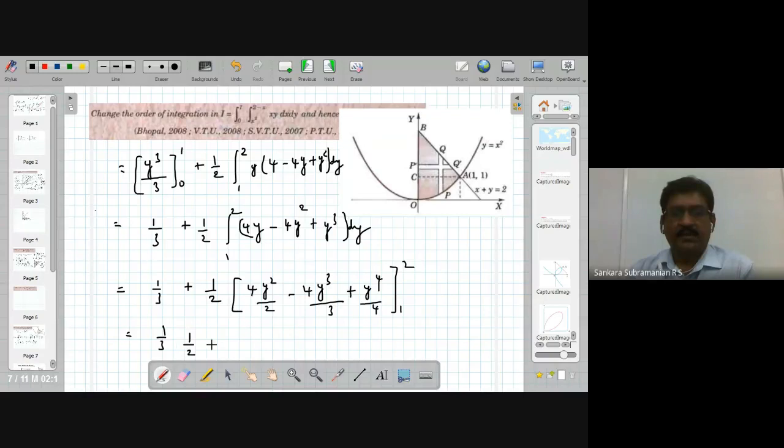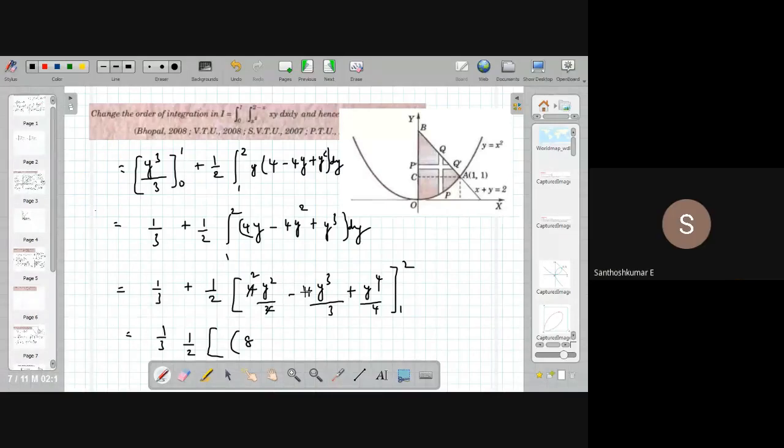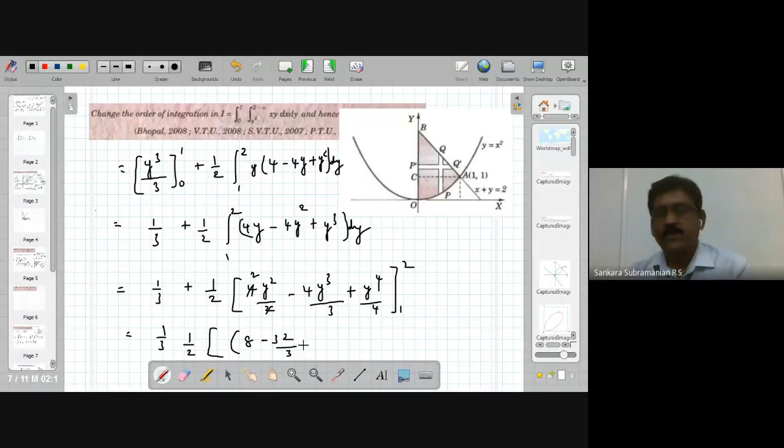So now I can go for substituting the upper limit, which is 2. So the value would be 2 2s are 4, 2s are 8. This is 2 cube is 8. 8 4s are 32 by 3, okay.